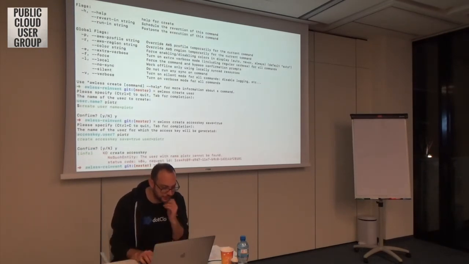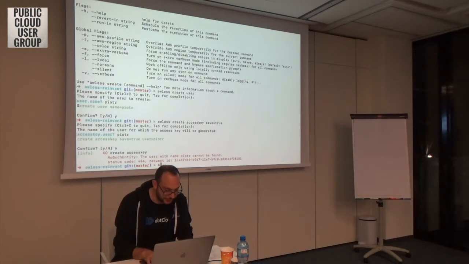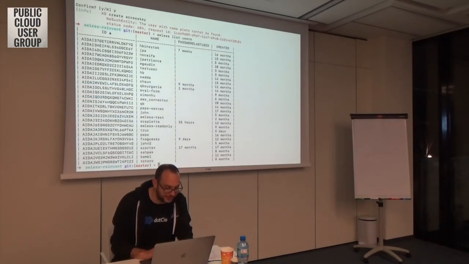The user with the name Piotr cannot be found. Why not? So, that is the demo effect. Why didn't it create this?